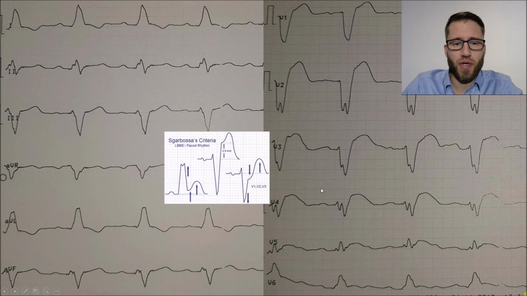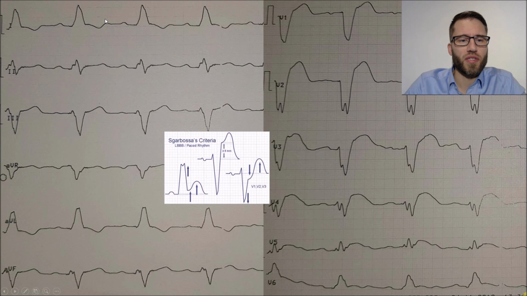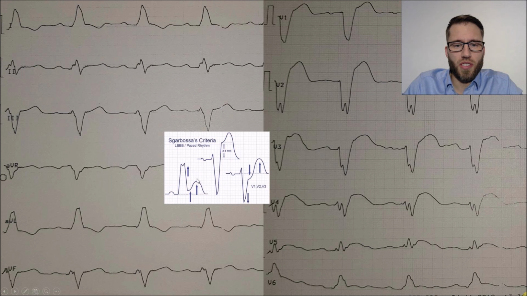These are the criteria again, and if we have a look at the limb leads, we don't have any of these criteria positive here. There is no concordant ST elevation, there is no discordant ST elevation after a preceding very deep S wave, and the third criteria is only for V1, V2 or V3.